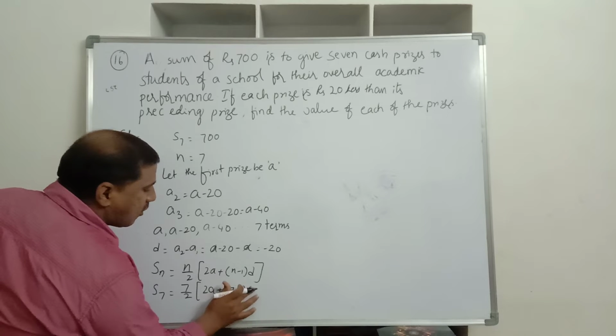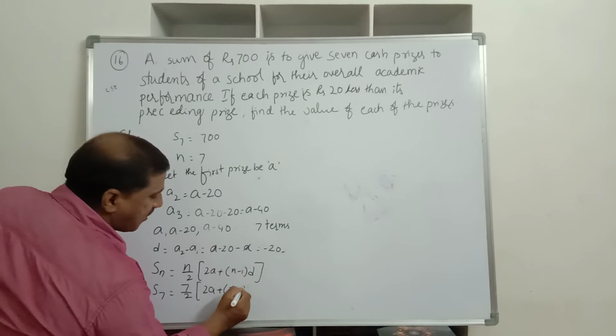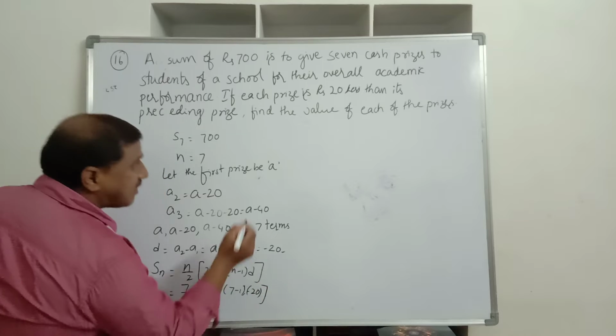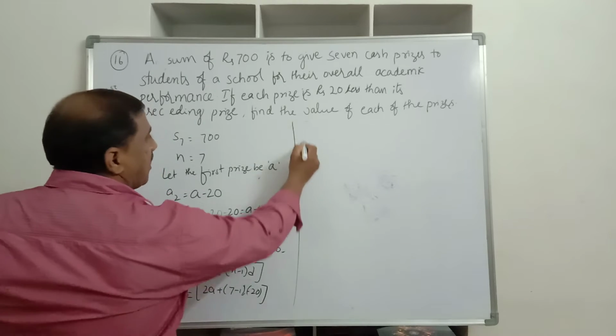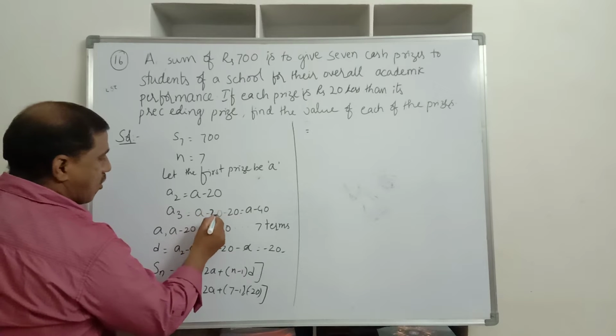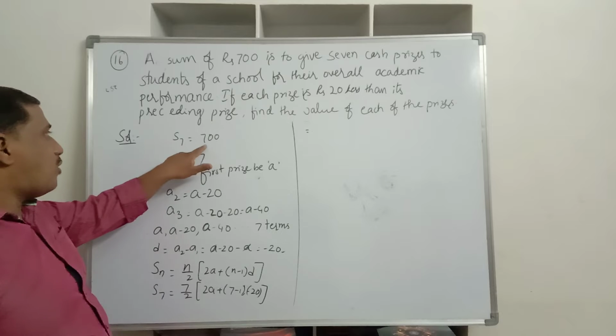D we found is minus 20. Substitute d is equal to minus 20 and simplify.